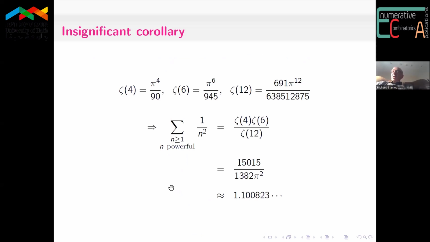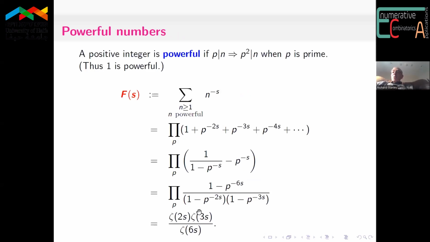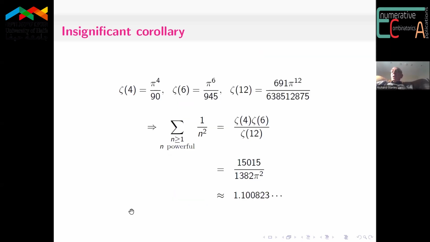So if you stick s equal to 1 in this expansion, we'll get the sum of the reciprocals of the squares of the powerful numbers, zeta 2, zeta 4, zeta 6, zeta 12, substituting s equals 2, which is 15,015 over 1,382 pi squared, which is about 1.1.